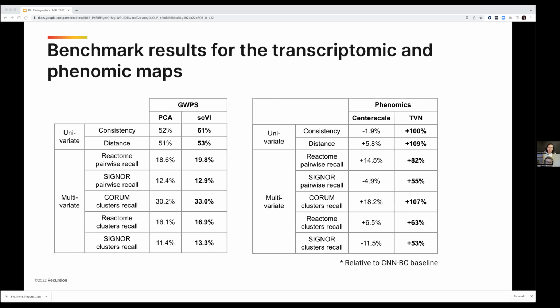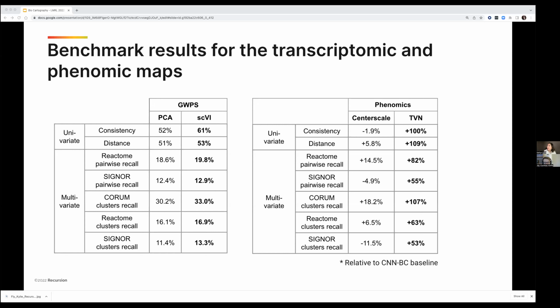For the cluster identification metrics, we use Reactome gene sets from MSigDB, SIGNOR pathways, and CORUM protein complexes. Zooming in on the results for the transcriptomic data on the left, we see that there's a slight advantage of using the nonlinear dimensionality reduction and batch correction provided by scVI.